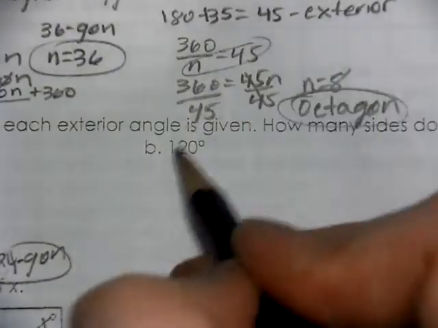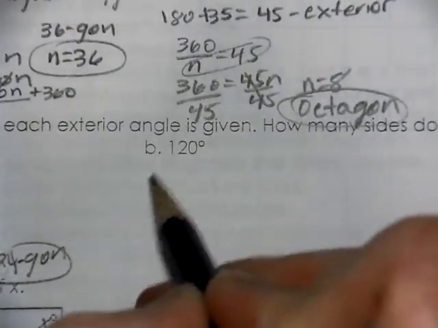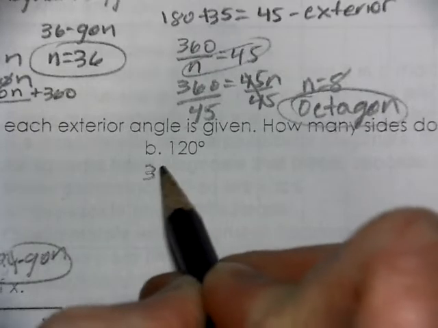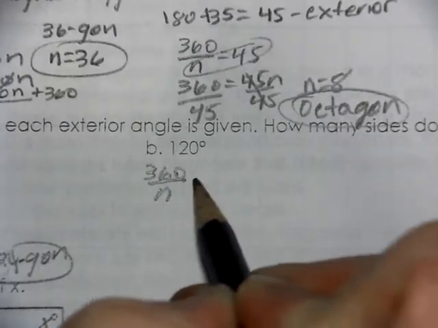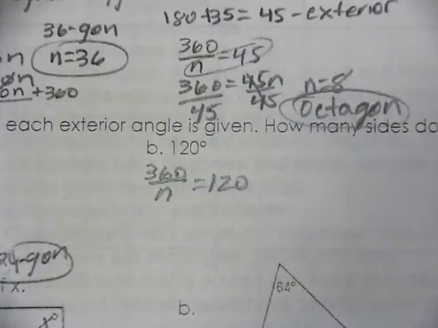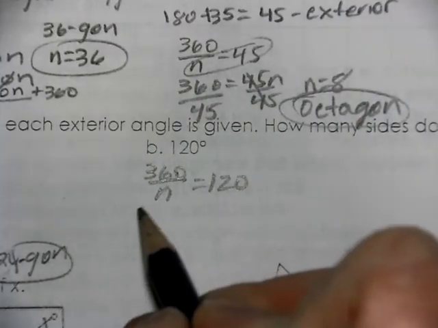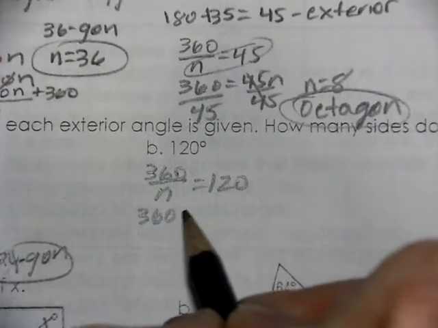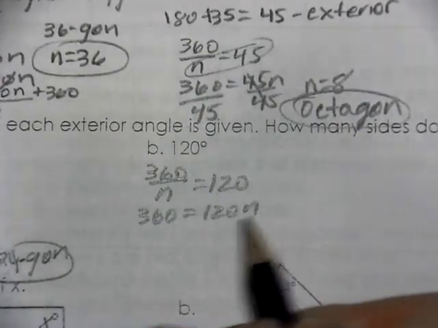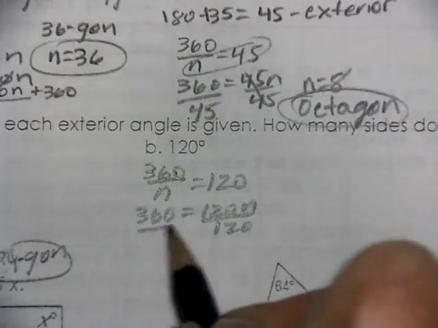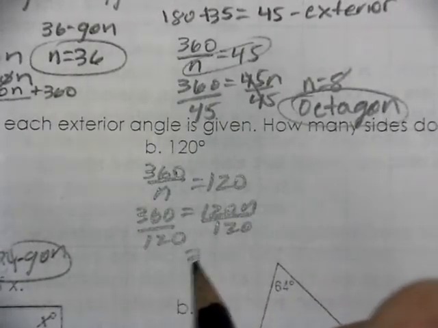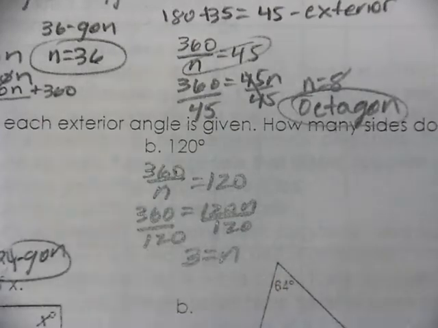If each exterior angle is 120, you might be able to visualize what this would be. So we multiply by the n. We divide by the 120. We get 3.